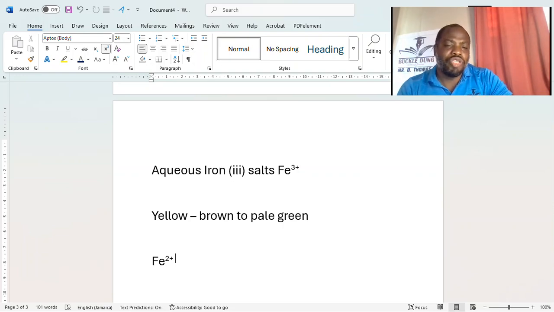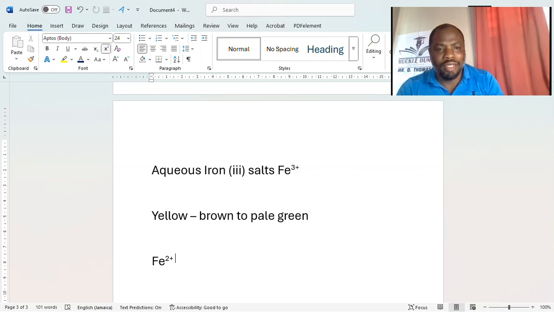It now has 3 more protons than electrons, and so it has that positive charge. But what I want to indicate, and sometimes students are not understanding this, is that if I move from a 3+ to a 2+, it simply means that I'm getting back one of the electrons that I lost.